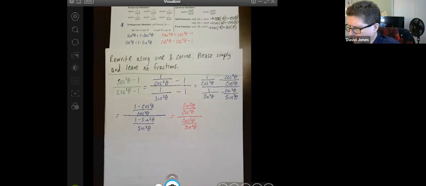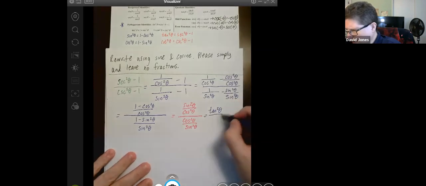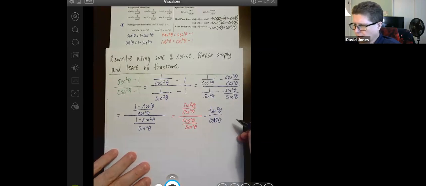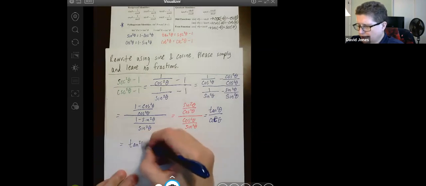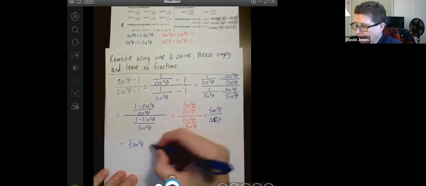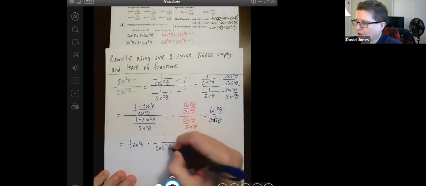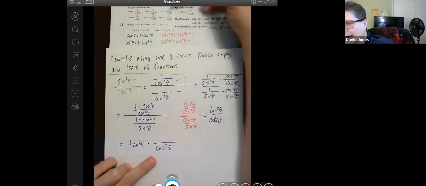Well, isn't that the thing on top, tangent squared theta? And the thing on bottom, cotangent squared theta, I should say. And cotangent squared theta, it's still a fraction. I don't want it. This is tangent squared theta times 1 over cotangent squared theta. But we've got a trig identity for that.